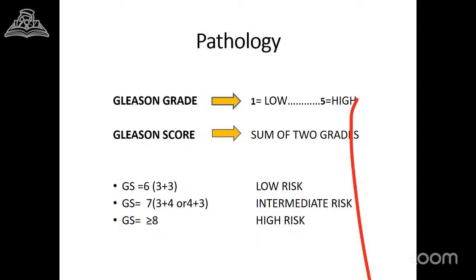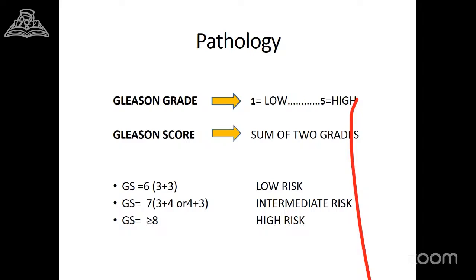So this slide summarizes the Gleason grading and scoring system in prostate cancer pathology. The Gleason grade ranges from 1 to 5, where grade 1 represents well-differentiated, less aggressive cells, and grade 5 represents poorly differentiated, highly aggressive tumor cells. The Gleason score is the sum of the two dominant grades defined in the tumor specimen.